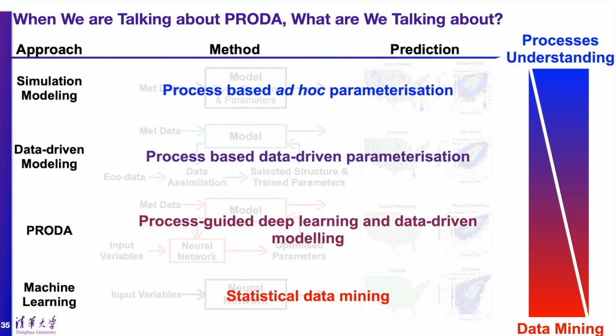PRODA strikes the balance point between process understanding and data mining to optimize model simulation. Specifically, it combines the process-based model, the observational data, conventional data assimilation methods, and deep learning algorithms to best optimize model simulation, and more importantly, to explore land carbon cycle mechanisms and their response to climate change.